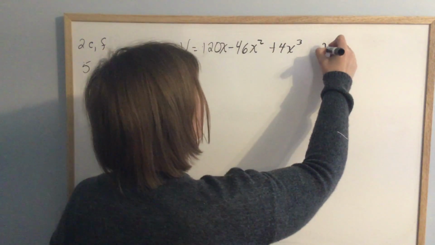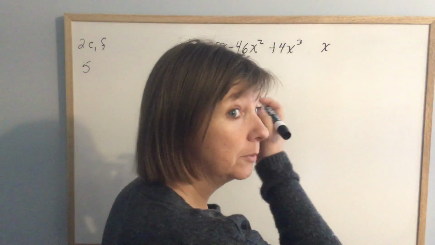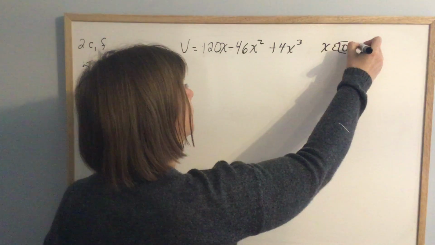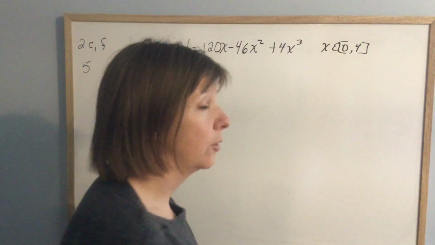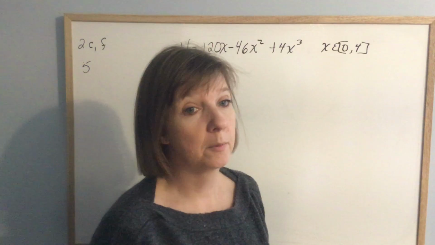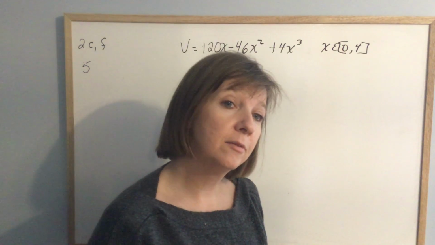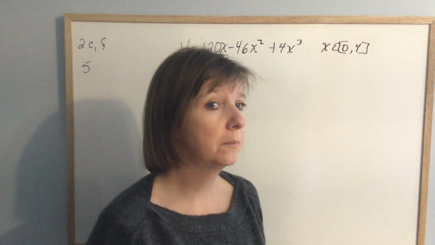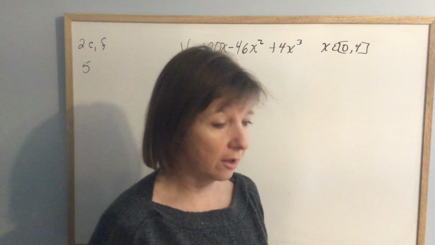And they say that x, which remember is the height of my shed, could be anything from 0 to 4 meters. So we're not going to build a shed 0 meters tall. That would just be something flat. That would be dumb. There needs to be some height to it. And we're not going to make the shed any taller than 4 meters. You don't need a shed that tall.